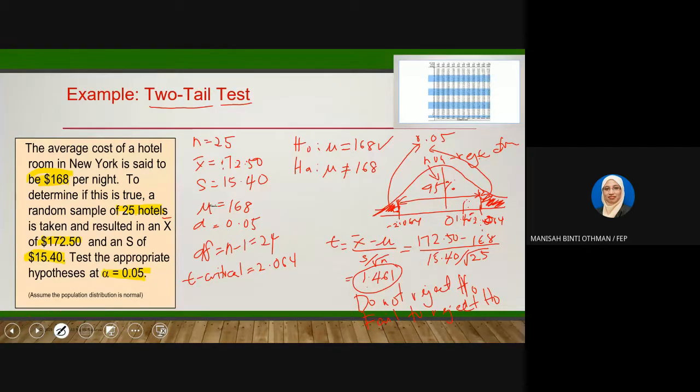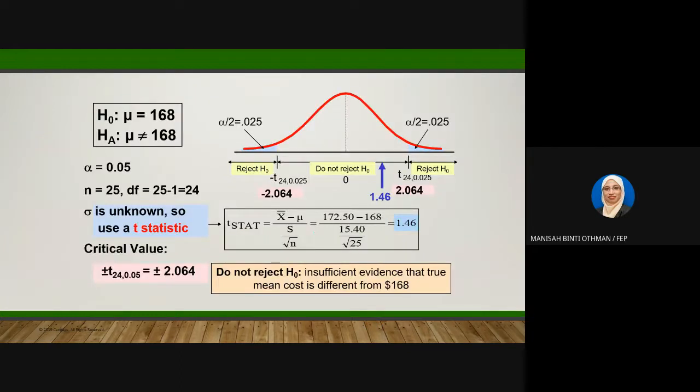So if the t value falls in the non-rejection region, the conclusion is do not reject the null hypothesis, meaning the statement is true: the average cost of a hotel room in New York is 168.